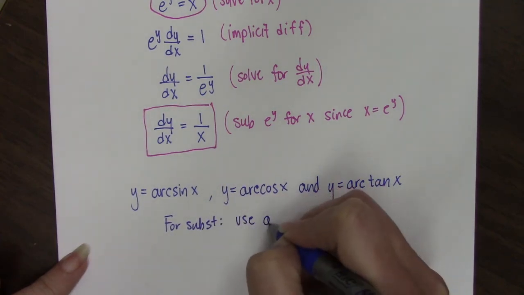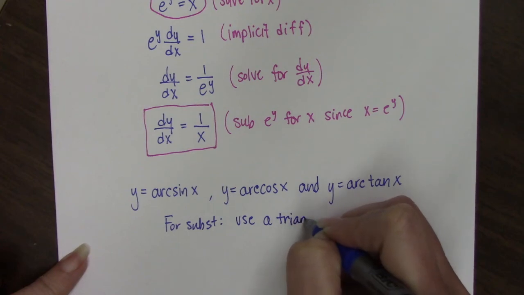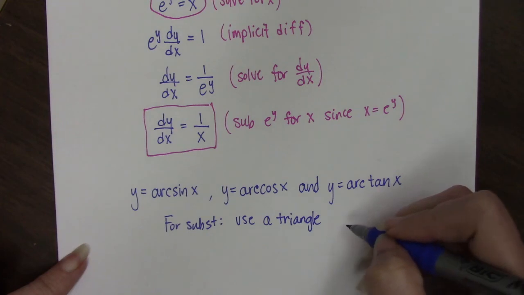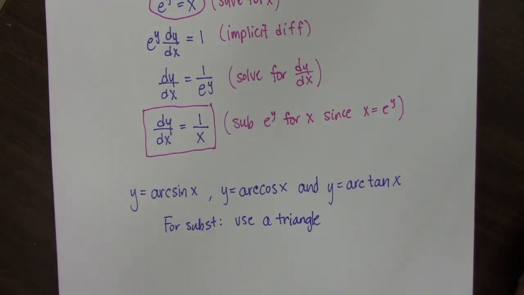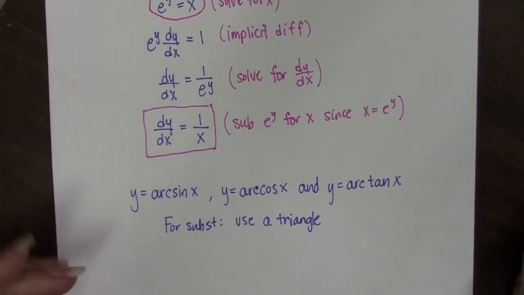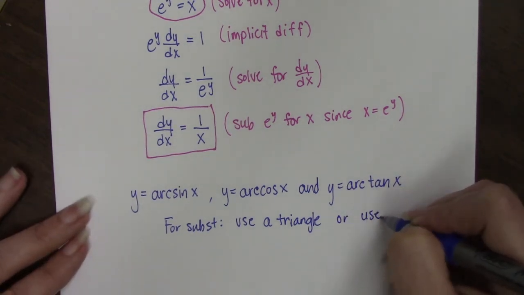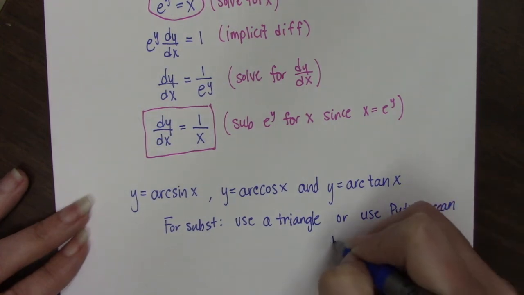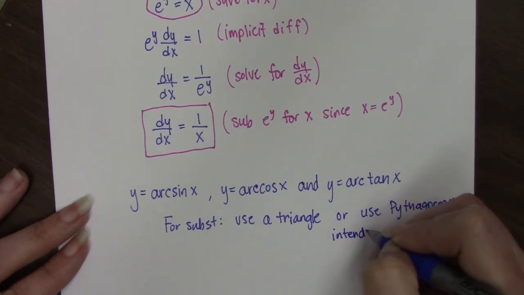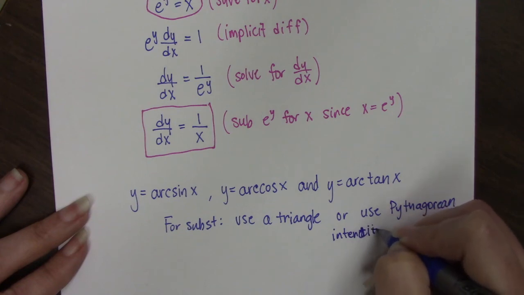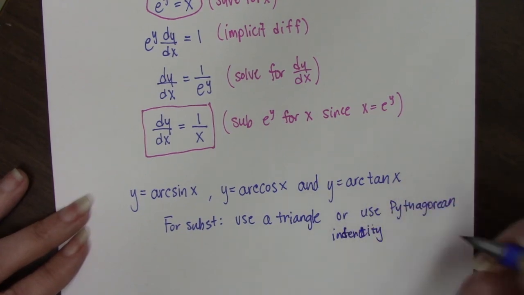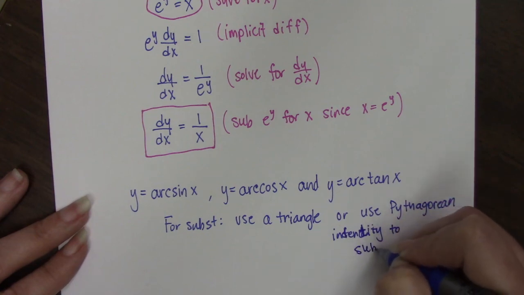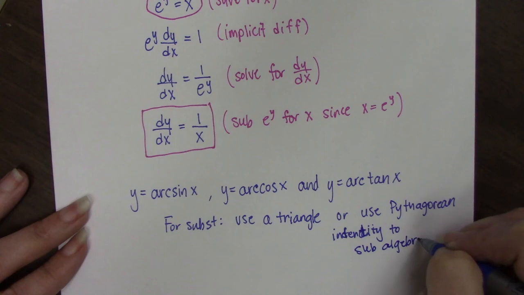you either use a triangle to find the desired new trig function that you will create through this process, or you can use a Pythagorean identity to substitute algebraically.